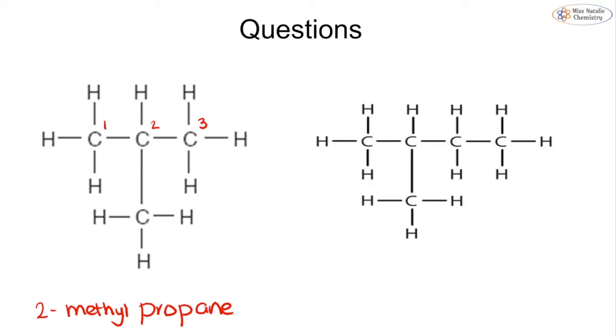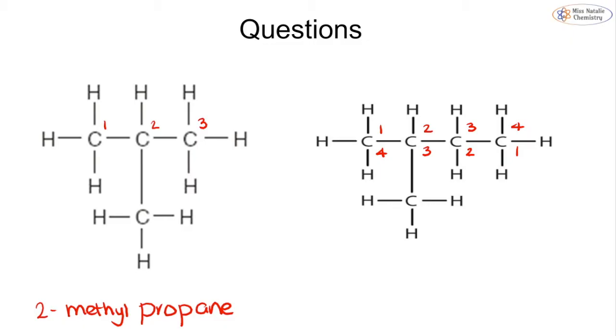I then look at the second one. My longest continuous chain is the 4 carbons. Now I want to number it so that my branch is on the lowest possible number. And if you're not sure the best way to do this, you can number left and right. So if I number 1, 2, 3, and 4, and then 1, 2, 3, and 4, my branch can either be on carbon 2 or carbon 3.